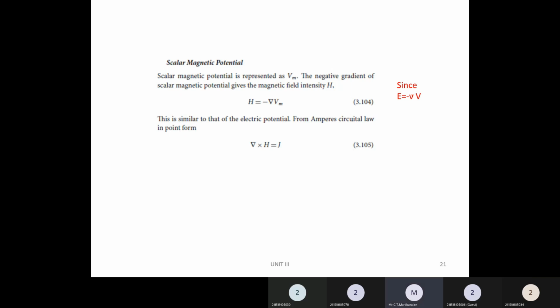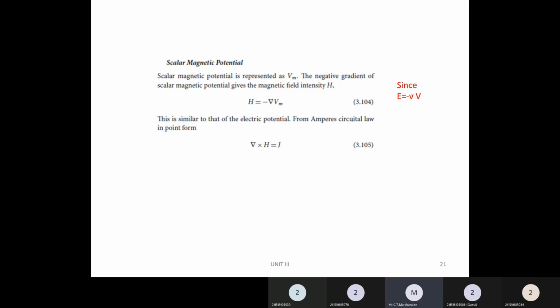From Ampere's circuit law, if you represent it in point form, we have del cross H equal to J. This can also be asked for 1 mark in the GATE question: the curl of magnetic field intensity is equal to what, current density or charge density?